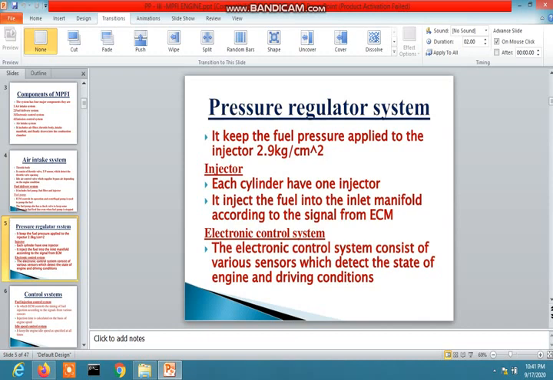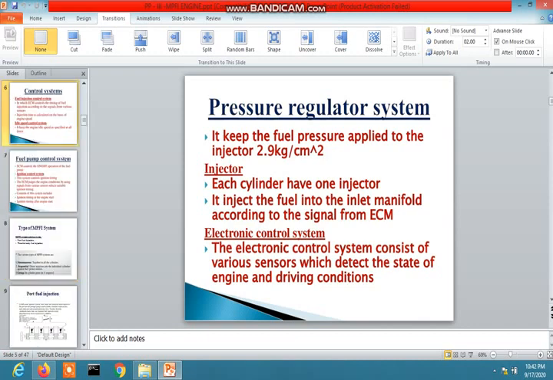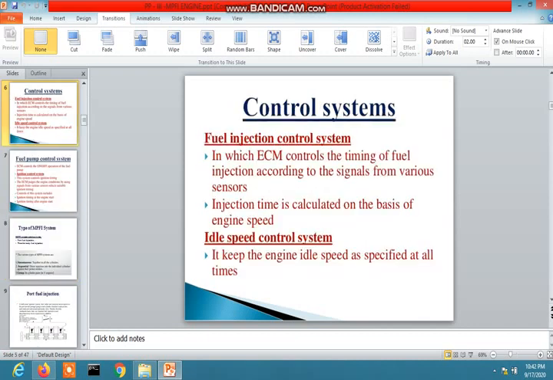Electronic control system, that is ECU. The electronic control system consists of various sensors which detect the state of the engine and driving condition. Fuel injection control system, in which the ECM controls the timing of fuel according to engine speed and load condition.